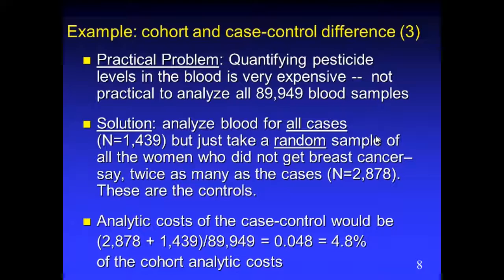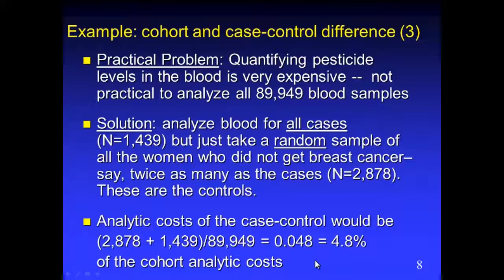That's like 2,800 or so, and we call those the controls. So here we have our case group and our control group. And if we just use that sample, the analytic costs of the study would only be about 5% of the cohort study analytic costs, based on the proportion of the total cohort that we investigated.